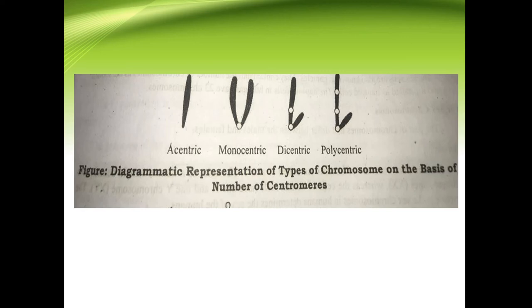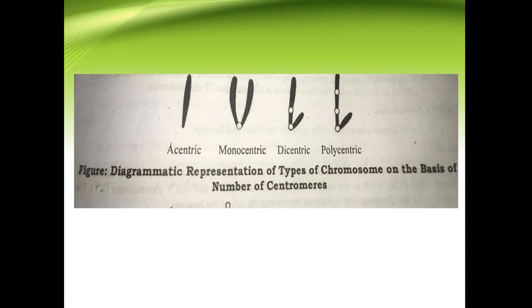The centromere is the region present on the chromosome which divides it into two halves, two sections or two arms. So an acentric chromosome is a chromosome without a centromere.